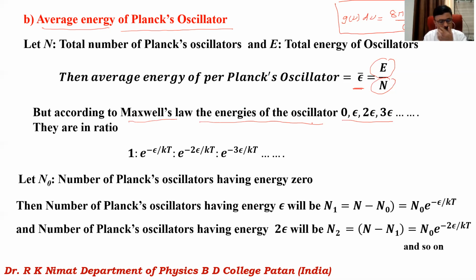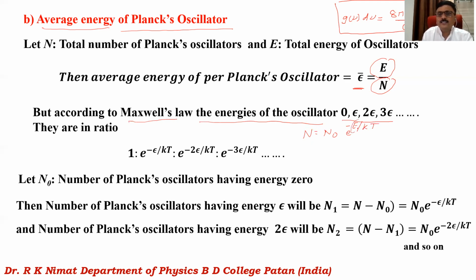And these are in the ratio 1 is to e raised to minus epsilon by kT, is to e raised to minus 2 epsilon by kT, is to e raised to minus 3 epsilon by kT, and so on. That means, according to Maxwell's law, we can write the number of oscillators having the energy E as n is equal to n0 into e raised to minus E divided by kT.